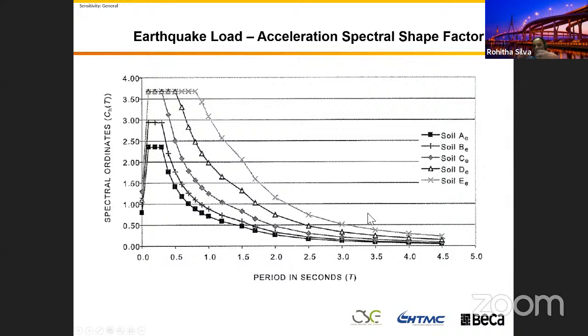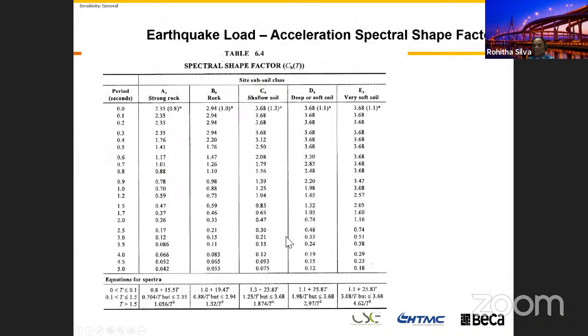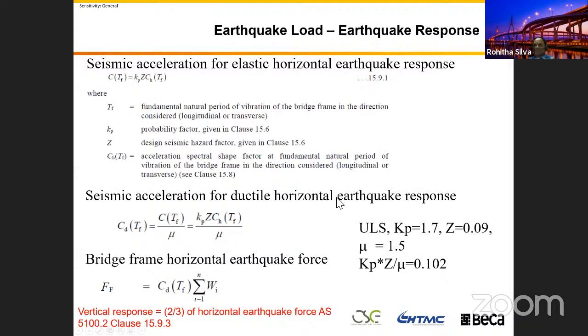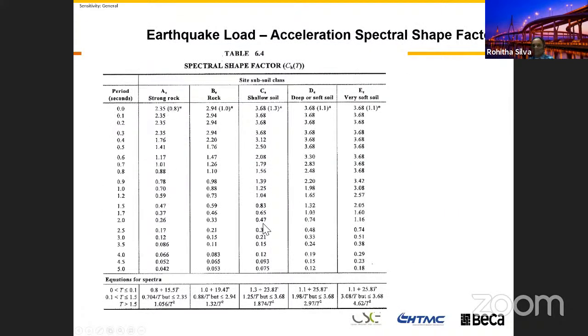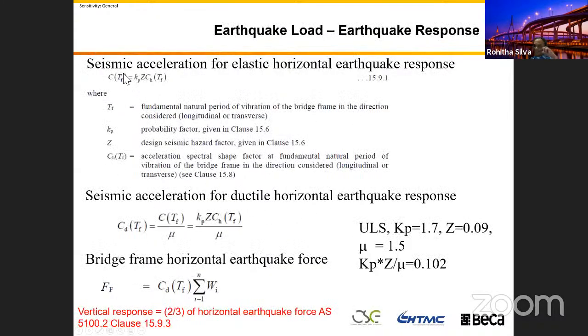Before we talk about that, because this is just a curve, it needs to be converted into a force. You need to multiply by the acceleration. I'm not going to describe this, but this slide shows how you can get this mathematically. The equations are there for the seismic acceleration, the elastic horizontal earthquake response, they call this CHTF. This is what we showed in the previous diagram, but that is not acceleration.